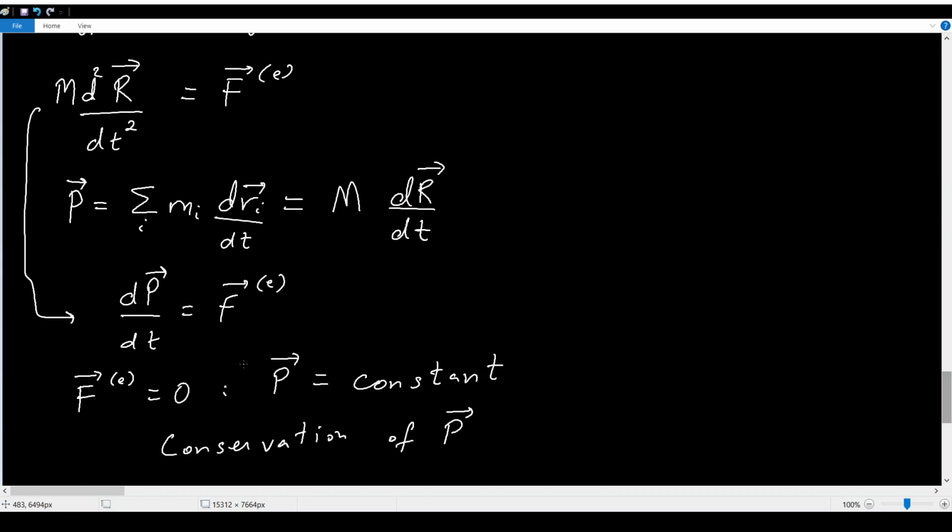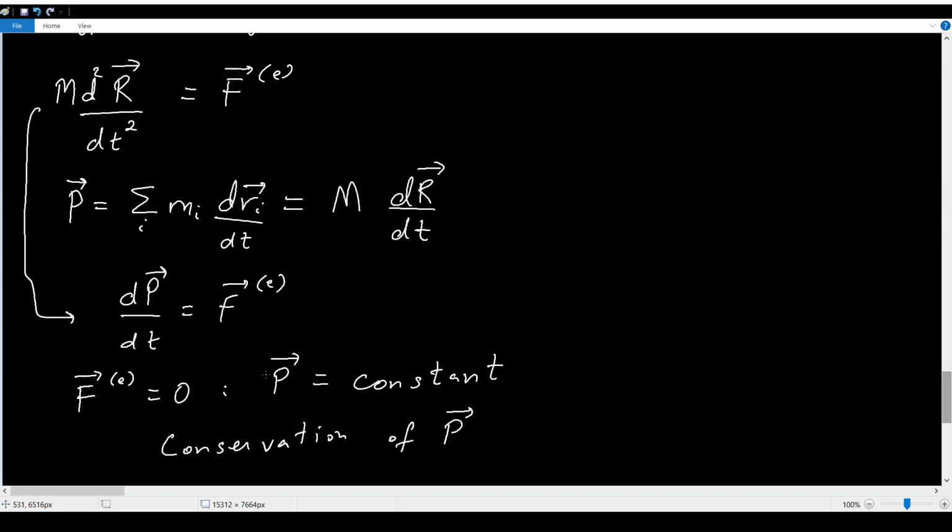And what is P? P is the linear momentum associated with the center of mass, right? So if the net external force on the system of particles is 0, the center of mass moves in such a way that you can consider it to be a single particle. So you know how a particle would move as it was moving before if there was no external force on it.